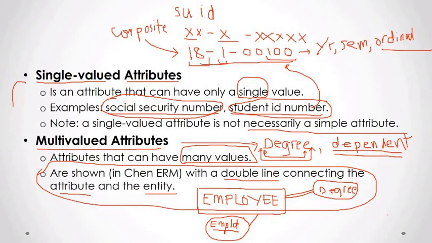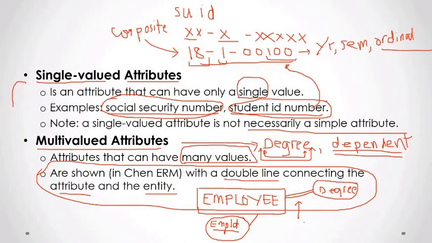Okay, so that's how to differentiate a multi-valued attribute from a single valued attribute. Okay, so you have this double line connecting the attribute to the entity. Okay, so this is allowed.